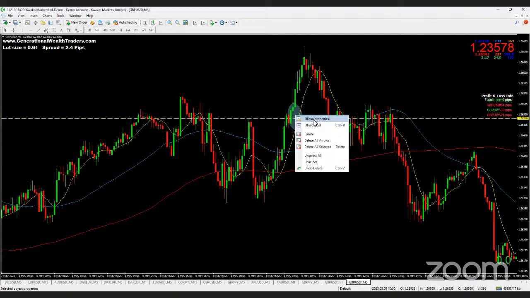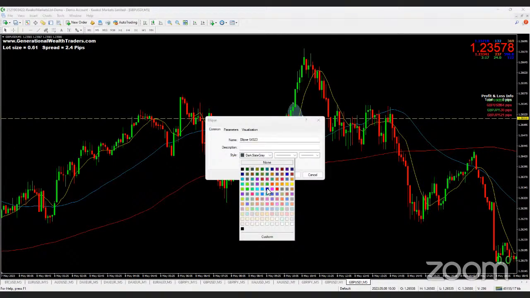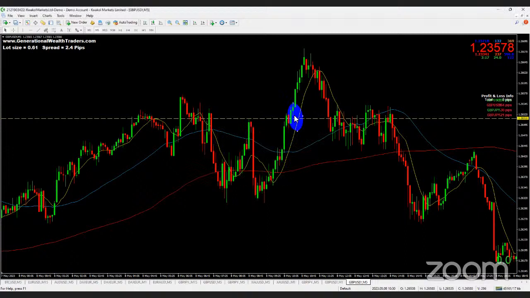Let's make it blue. Some people are going to be looking to enter at the break of this, maybe on this candle or this candle. Whereas if you were using a moving average, assuming you don't understand price action, you'll be looking to trade this second leg, because we always tend to enter on the second leg.